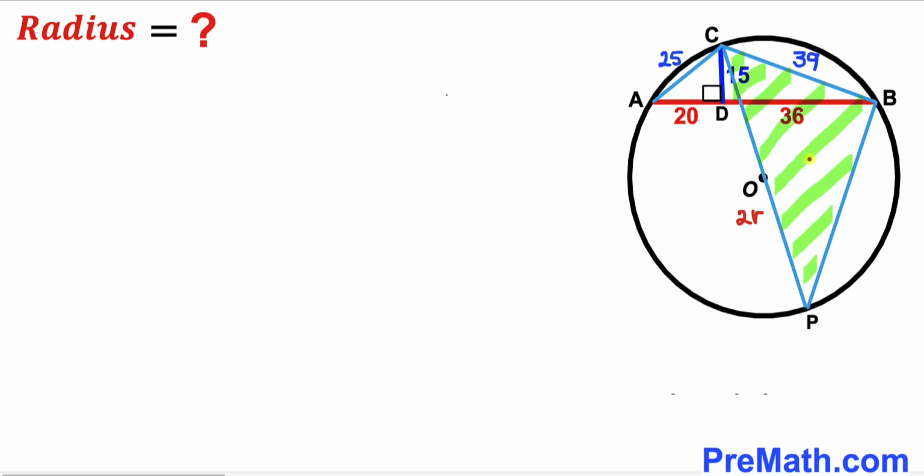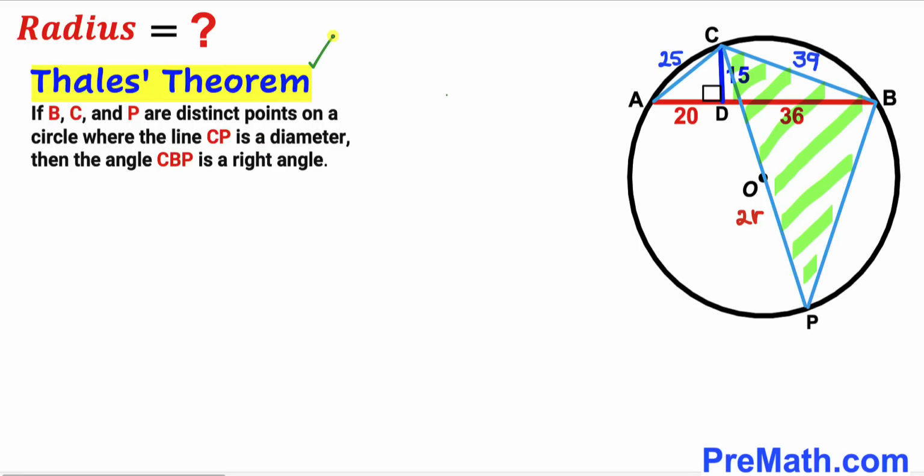In this next step, we are going to focus on this triangle BCP. Now let's recall the Thales theorem. According to this theorem, if B, C, and P are 3 distinct points on the very same circle, and the line CP is the diameter, then the angle CBP is a right angle. In other words, the angle is going to be 90 degrees.